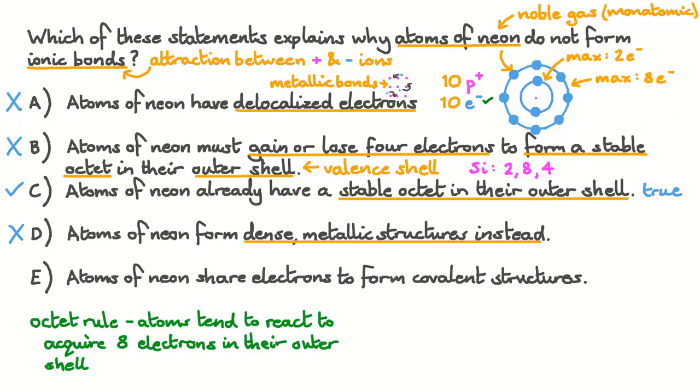It's a monatomic gas generally, so the 4th answer is not correct. And atoms of neon won't form covalent structures and share electrons because they already have a full outer shell. So the statement that explains why atoms of neon do not form ionic bonds is that atoms of neon already have a stable octet in their outer shell.